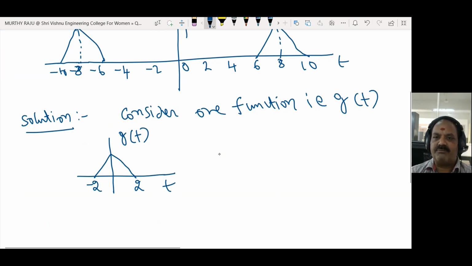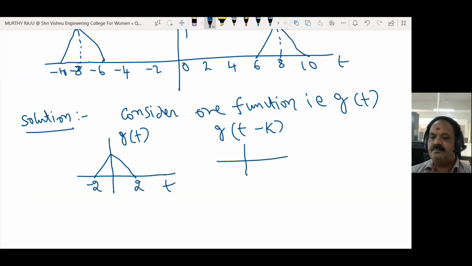We have to perform some shifting operations. Suppose g of t minus k, where t minus k is equal to 0, so t is equal to k. Amplitude is 1. From -2 + k to 2 + k.